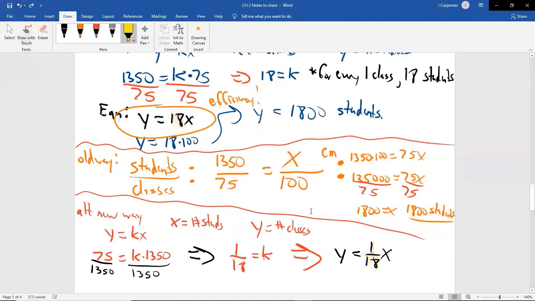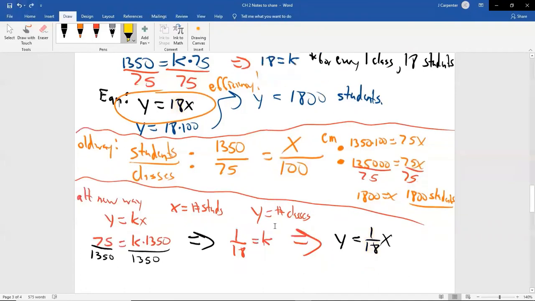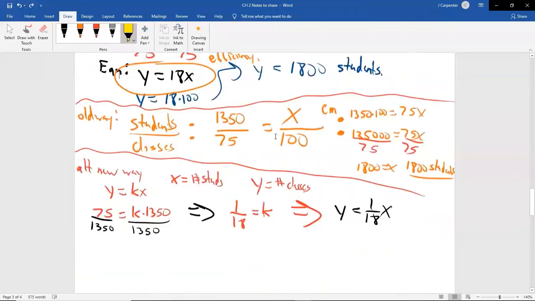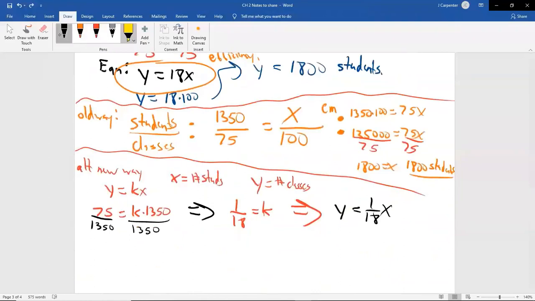So you might be thinking, oh, well, this isn't right. But it is, because your concept of X and Y flip-flops. So check out what happens when you plug in the 100 courses. We take our Y equals 1/18x, but we're going to plug in the 100 courses, which was the Y. The way we solve this equation, the 18's in the bottom, so we multiply both sides by the 18.